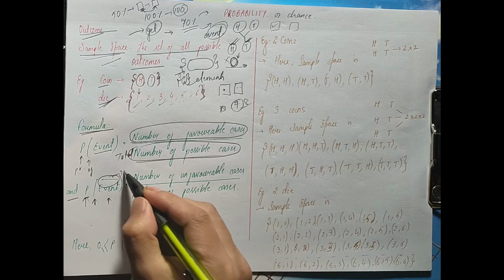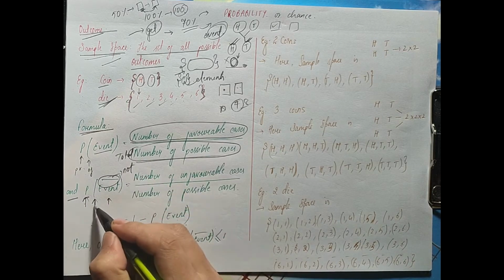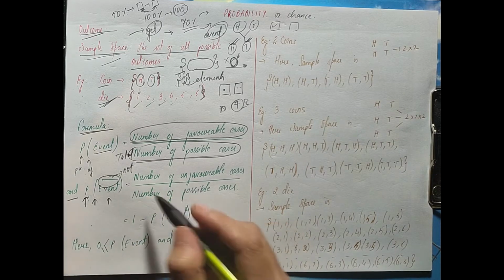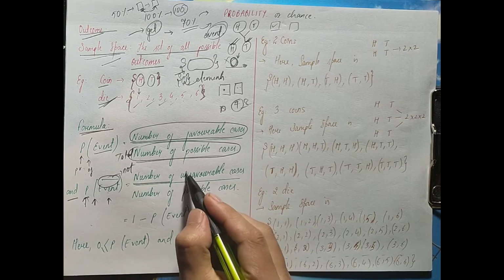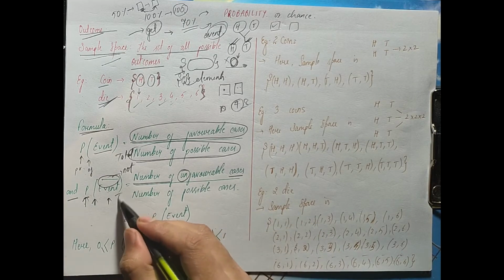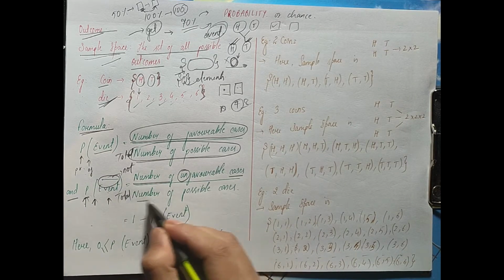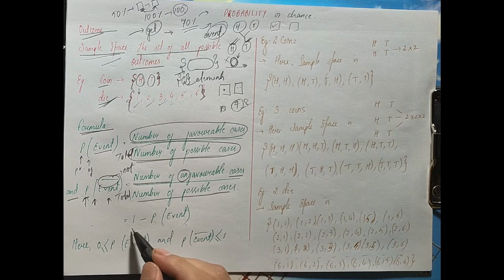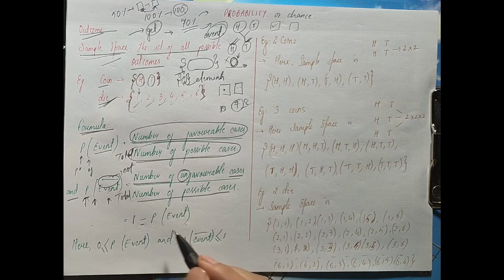Now this bar means not. So the probability of not an event, that is, an event not happening, is equal to the number of unfavorable outcomes or cases divided by the total number of possible cases. If you solve this, you will get 1 minus the probability of an event.